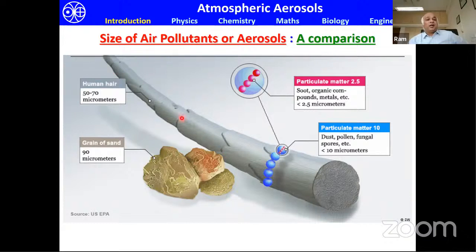For example, human hair is shown here, typically about 50 micrometers in diameter. Compared to that, dust and other biological material are particles smaller than 10 micrometers, and particles such as soot, organic carbon, and other metals are even smaller than 2.5 micrometers.